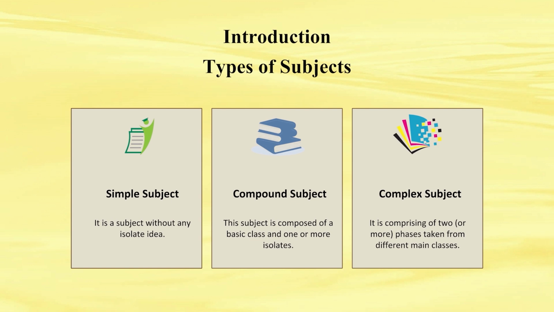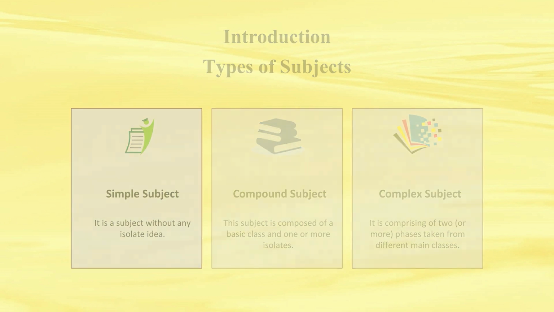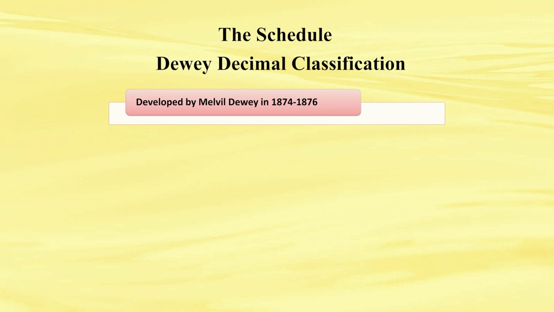So now, as per our commitment, we will concentrate on the almost enumerative classification scheme, that is Dewey Decimal Classification Scheme. You know that Melville Dewey developed this classification scheme from 1874 to 1876, and the first edition was published in 1876.